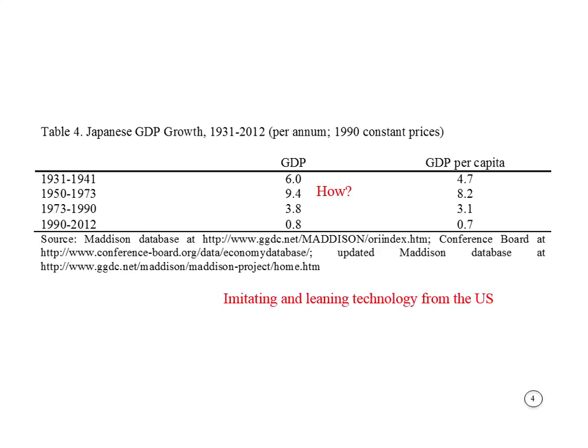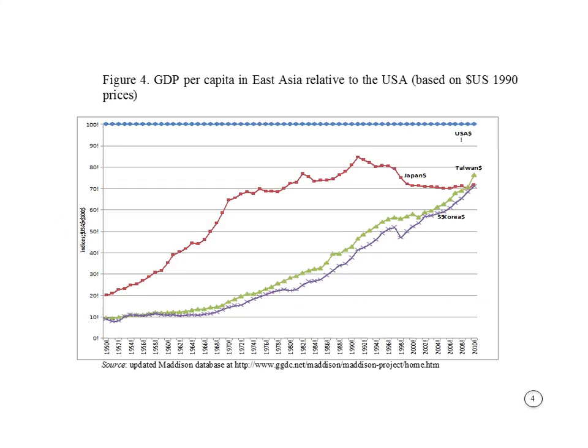Again, how they caught up: imitating and learning technology from the US. Again, the same graph. This time for the East Asian countries, our benchmark is income per capita in the US. And we are comparing the gap with other East Asian countries. First, Japan caught up.